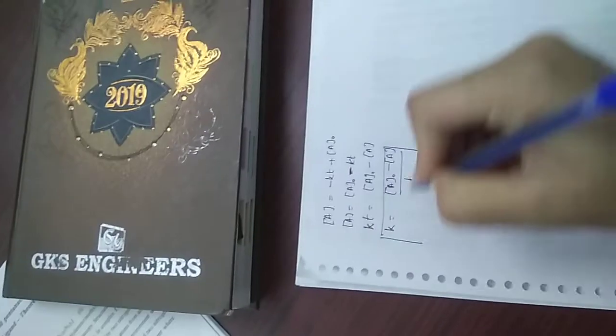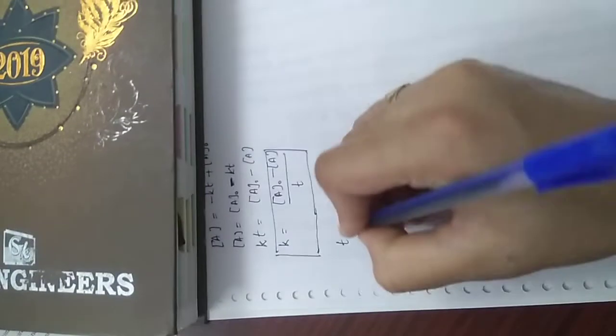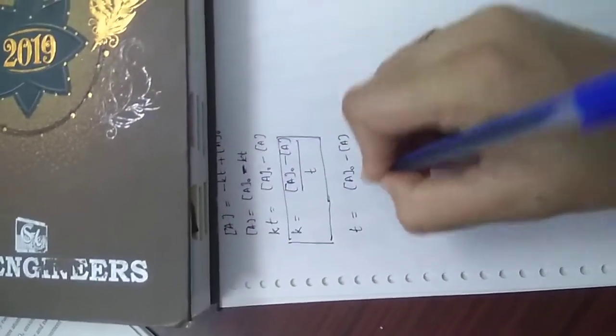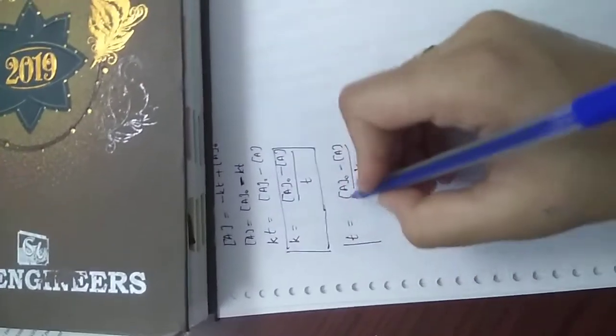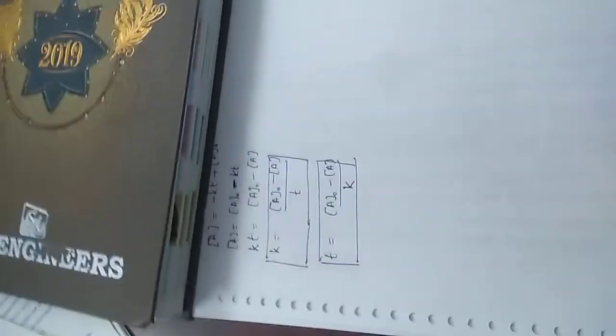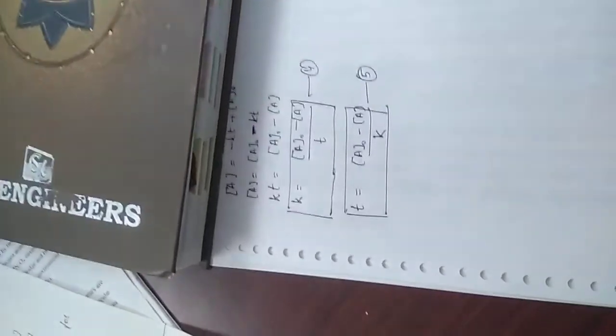This is the rate constant expression for zero order reaction. And if I have to write down the equation for time, the equation will be t equals A naught minus A divided by K. Alright. So let's suppose this is our fourth equation, this is our fifth equation.